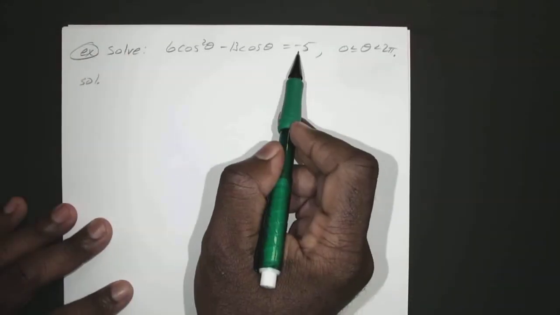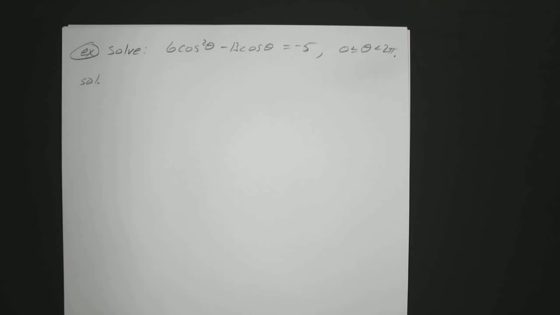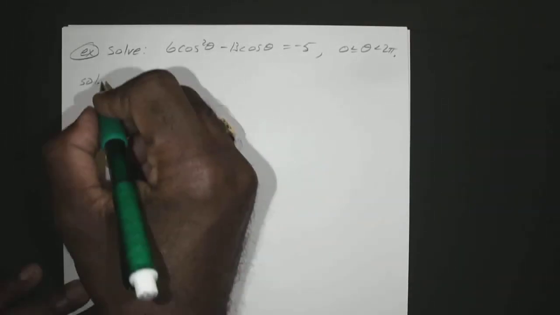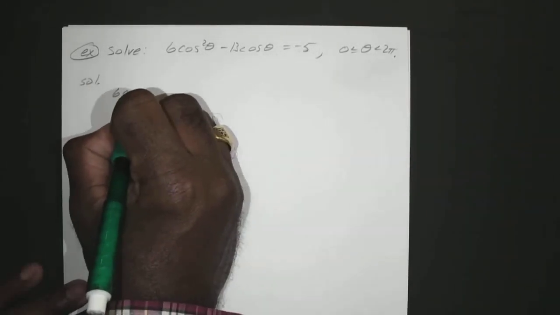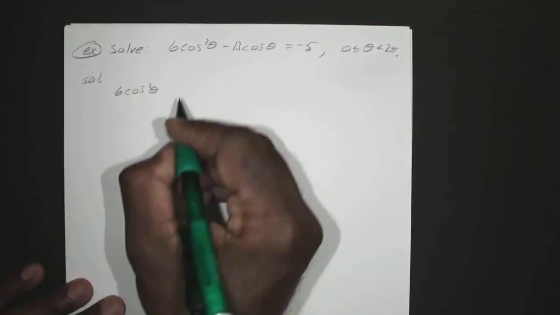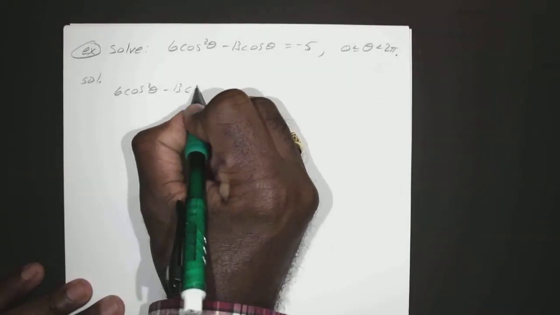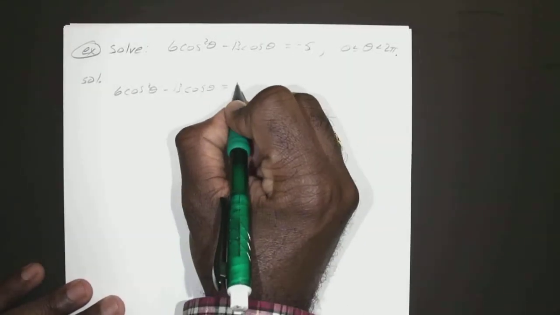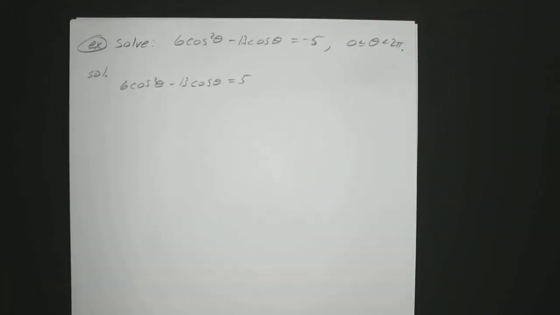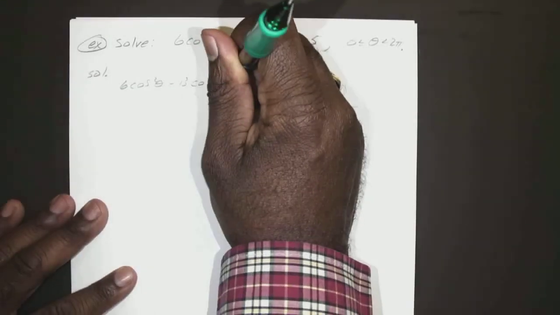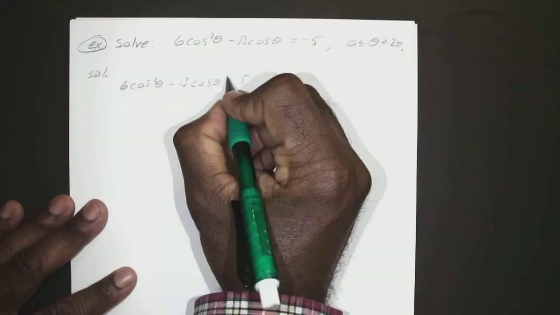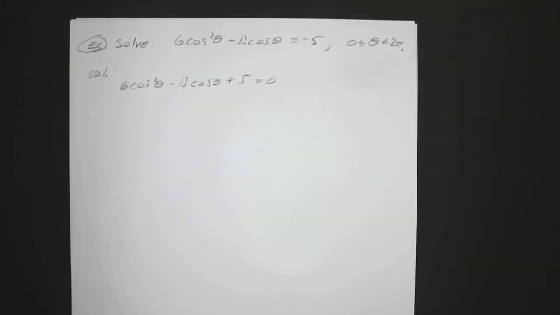So the first thing we're going to do is just bring everything to the left-hand side. So we just add 5 to both sides. So you have 6 cosine squared theta minus 13 cosine theta plus 5 equals 0. I'm jumping ahead a little bit.